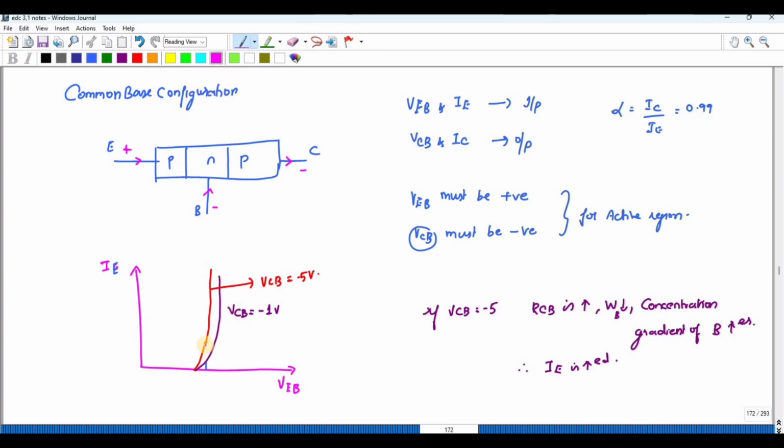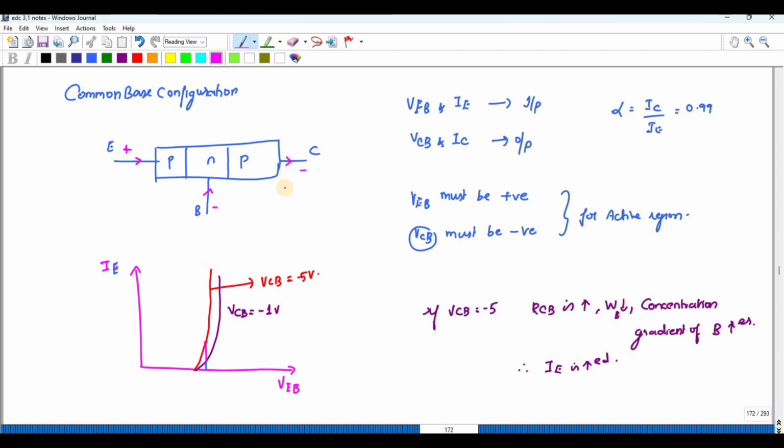For the same value of VEB you are getting a higher value of IE. Why? If VCB is -5, you are increasing the value of VCB, so the reverse bias gets increased.